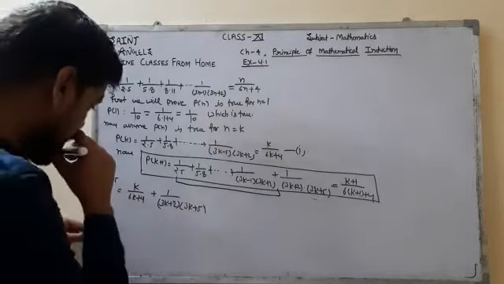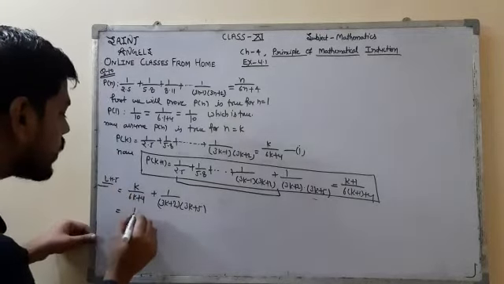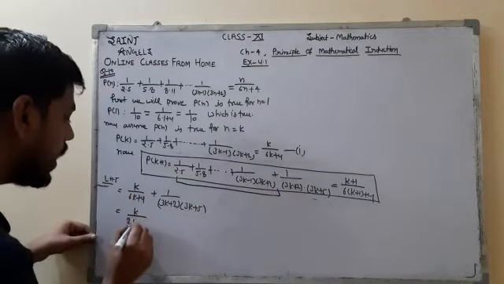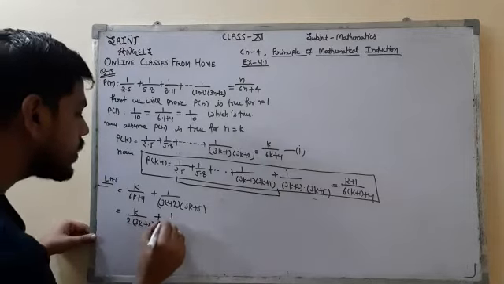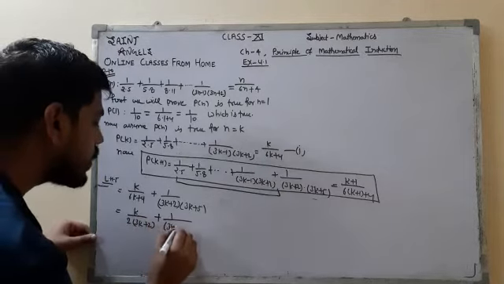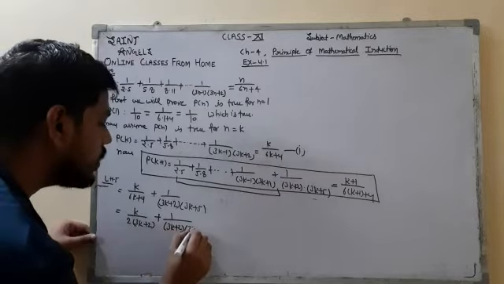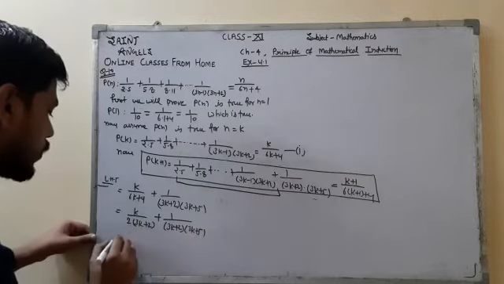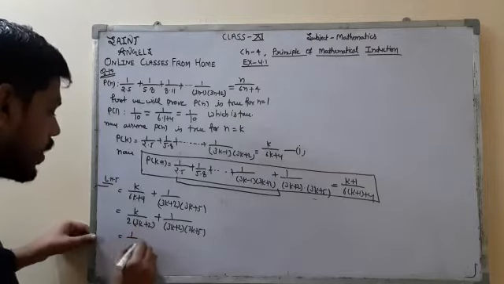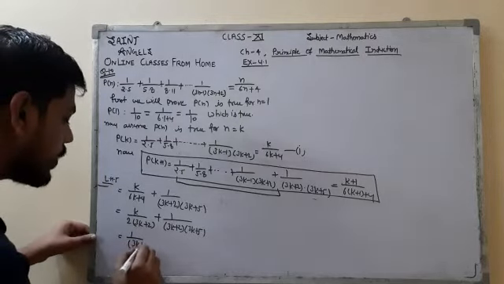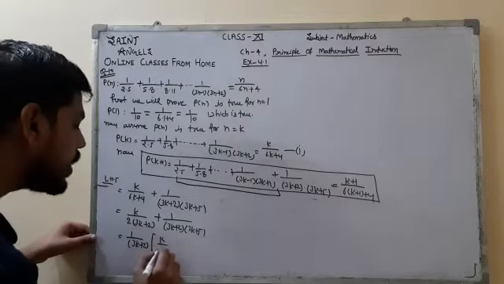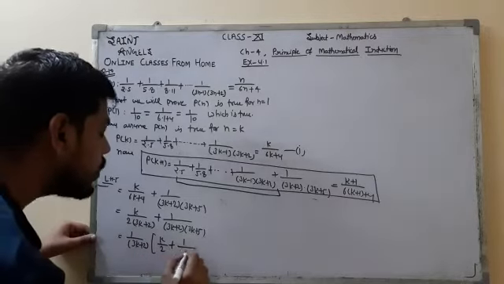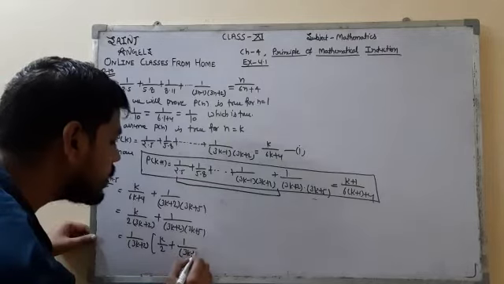Okay, now from here I am taking 2 as common, so I am left with 3k plus 2 plus 1 upon 3k plus 2 and 3k plus 5. Okay, so from here I am taking 1 upon 3k plus 2 as common, and what I am left with is k upon 2 plus 1 upon 3k plus 5.